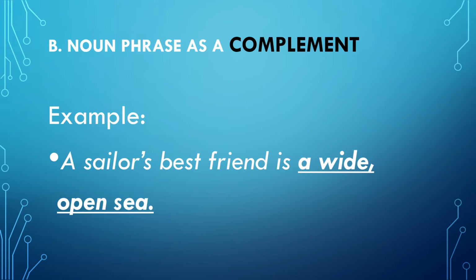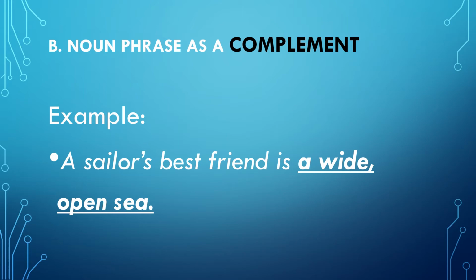Next, noun phrase as a complement. Let us define what a complement is. A complement restates or gives information about a noun. It always follows a state of being verb, which are is, are, am, will be, was, were. Example: a sailor's best friend is a wide open sea.